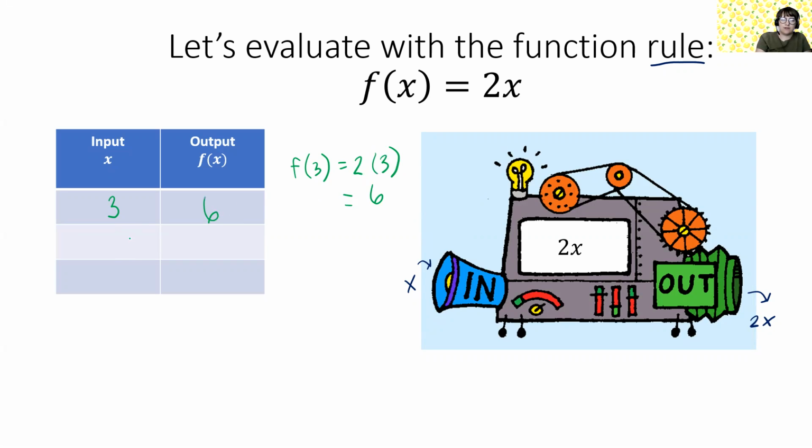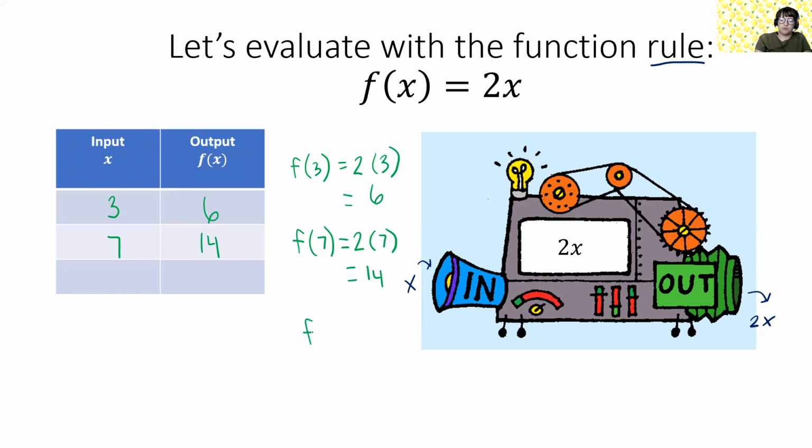Okay, let's try another number. How about 7? Okay, let's look at what's going to happen to 7 when it goes inside my machine. So I'm inputting 7, and the rule here is that it's going to be doubled, and when it comes out the other side, it will be 14.